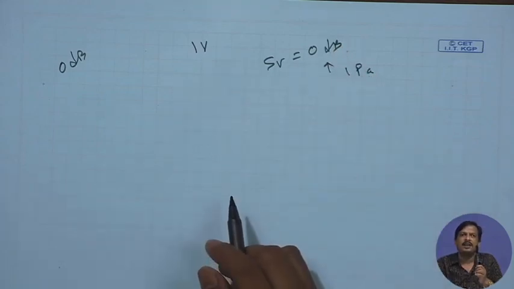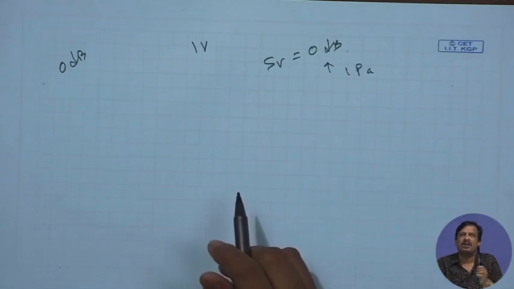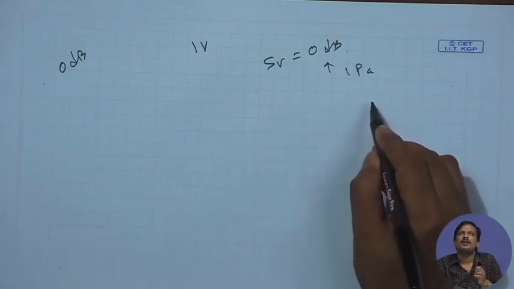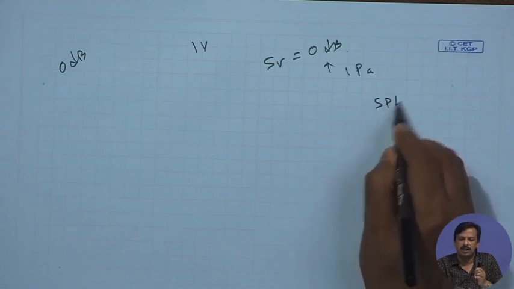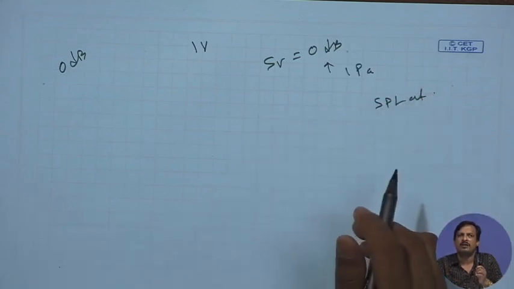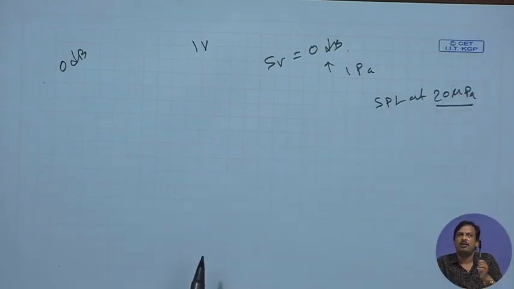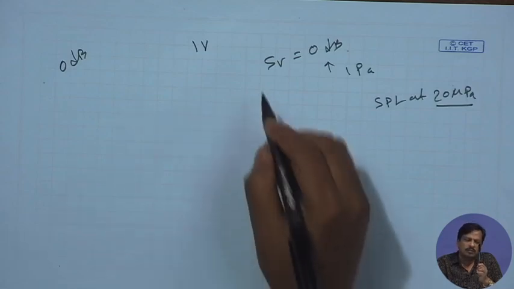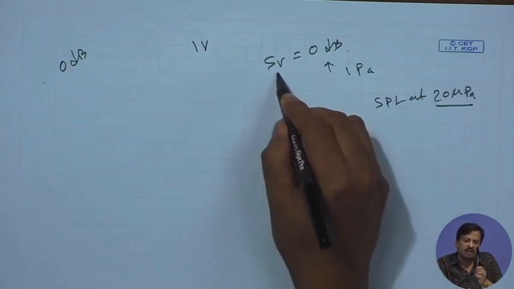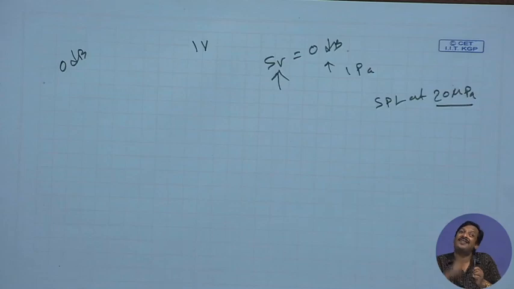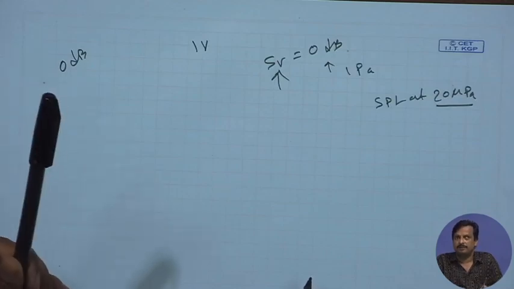Now, if I expose this microphone to the threshold of hearing SPL, which is 20 micropascal in air, the reference point, then what should be the sensitivity of that microphone at that pressure, or what should be the voltage output of the microphone in dB?